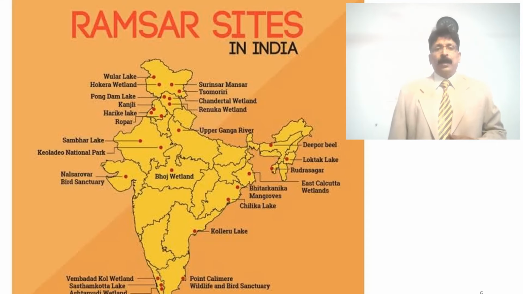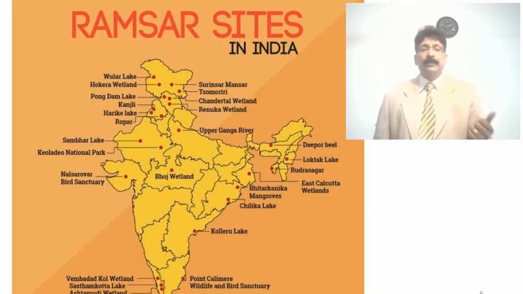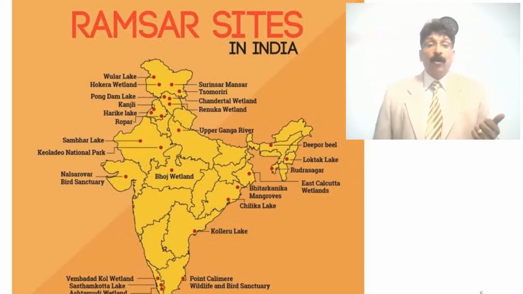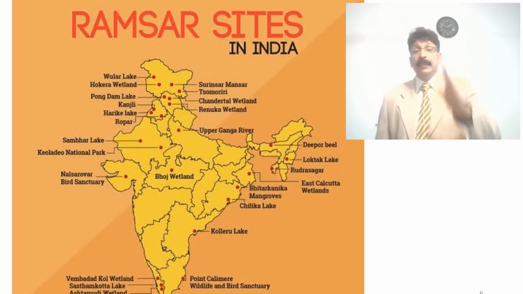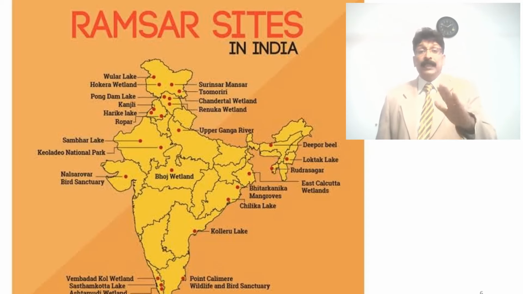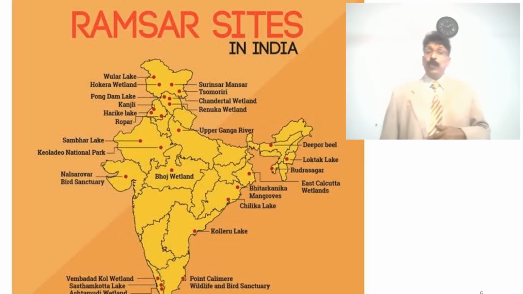And in Kerala, you can see three very important ones, especially Vembanad-Kol wetland, Sasthamkotta Lake, Ashtamudi wetland, and on the Chennai side we can see Point Calimere Wildlife and Bird Sanctuary, also in this south region.